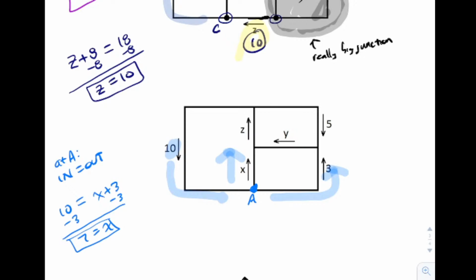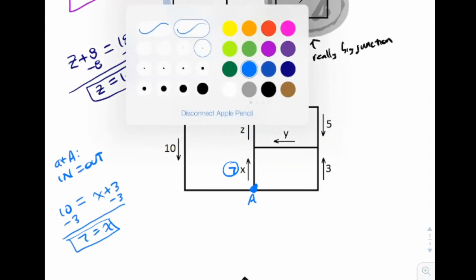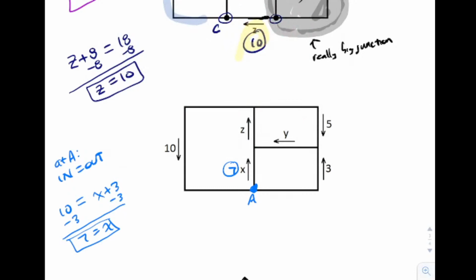Cool. So let's get rid of this stuff. It's all just kind of in the way. And just label that. That's 7. That was fun. Now let's find Y. Again, I have to use one of these two junctions, and I'm going to stay away from this junction because it's got a Z. So I'm going to stick over here to this junction. I'll call this junction B. At junction B, what goes in must go out.